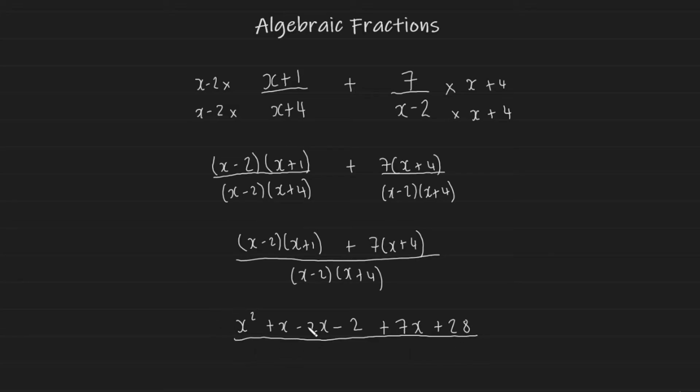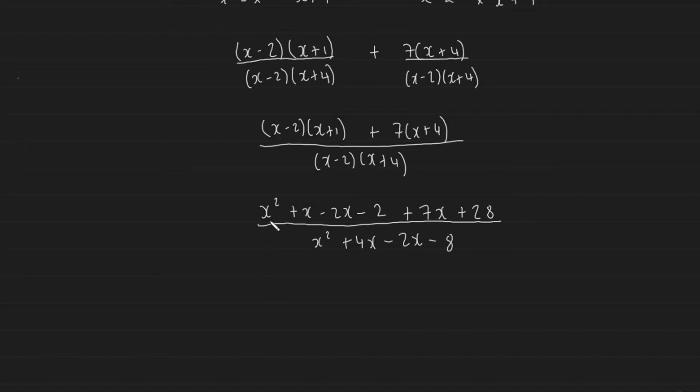And this is going to be all over x multiplied by x, which is x squared, x multiplied by 4, which is plus 4x, minus 2 multiplied by x, which is minus 2x, and minus 2 multiplied by 4, which is minus 8.